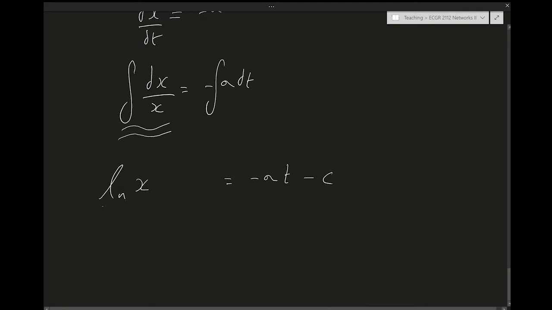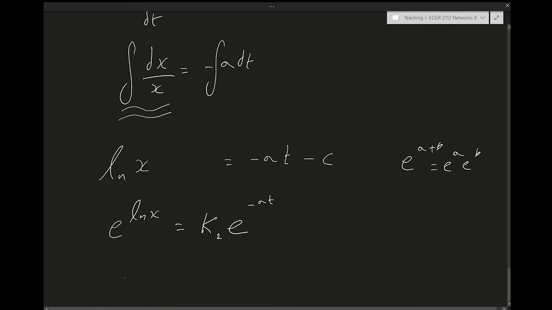I take the exponential of both sides: e to the ln x equals e to the minus a t times e to the minus c. Remember the property of the exponential, e to the a plus b equals e^a times e^b. This e to the minus c is just a constant, so I can lump it together and call this constant k2.